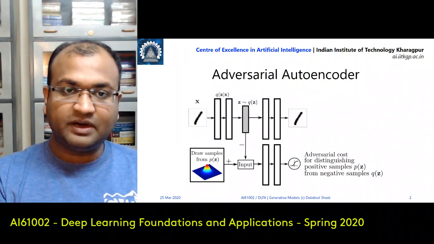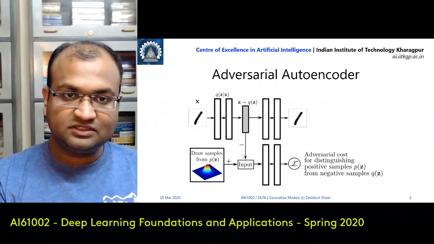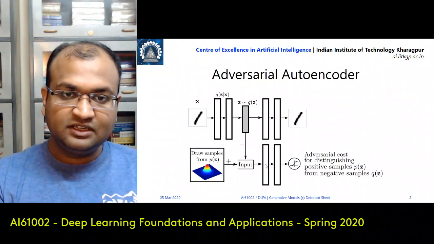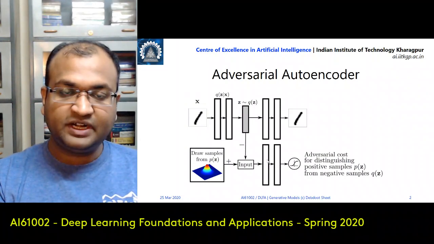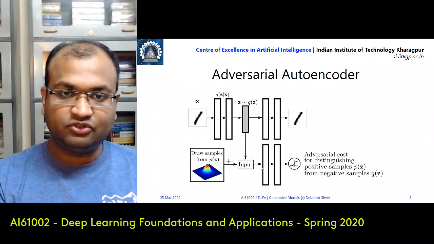Either it can pass from this Z which is vertically above, or it can pass from any Z drawn from the distribution PZ, and then it goes into this discriminator. The job of this discriminator is to predict whether it has come from here or from here. This is the only thing the discriminator has to do.